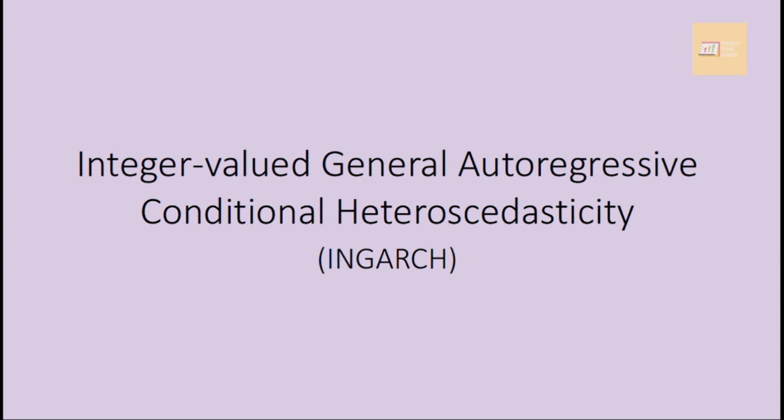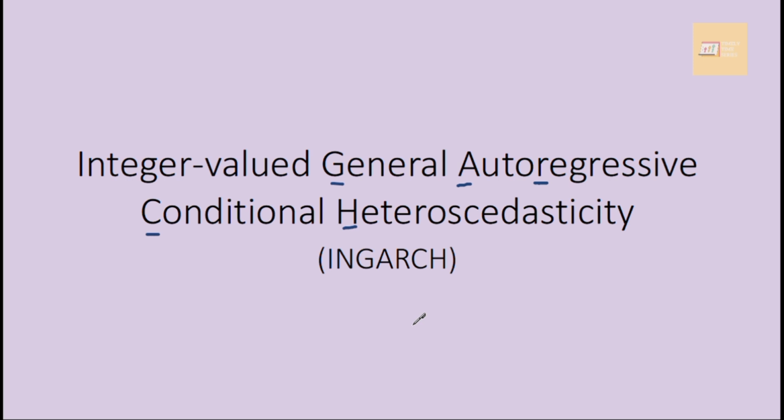The model is called INGARCH, or integer valued GARCH. Well, we do have a model named GARCH. So GARCH here is generalized autoregressive, where the AR is for autoregressive, and then conditional heteroscedasticity.